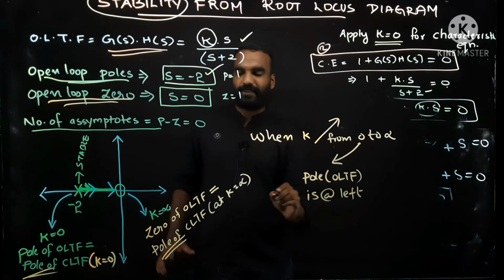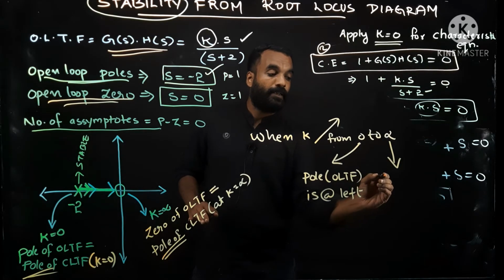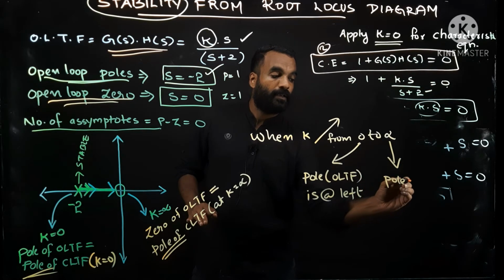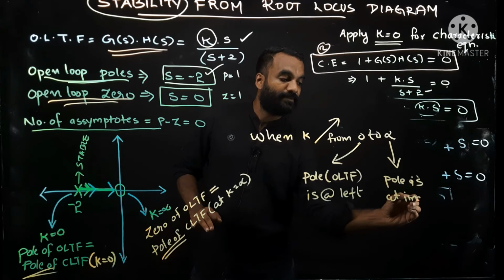Stability, it is showing the system is stable. And when k is varied up to infinity, the pole is moving. Pole is at imaginary axis.